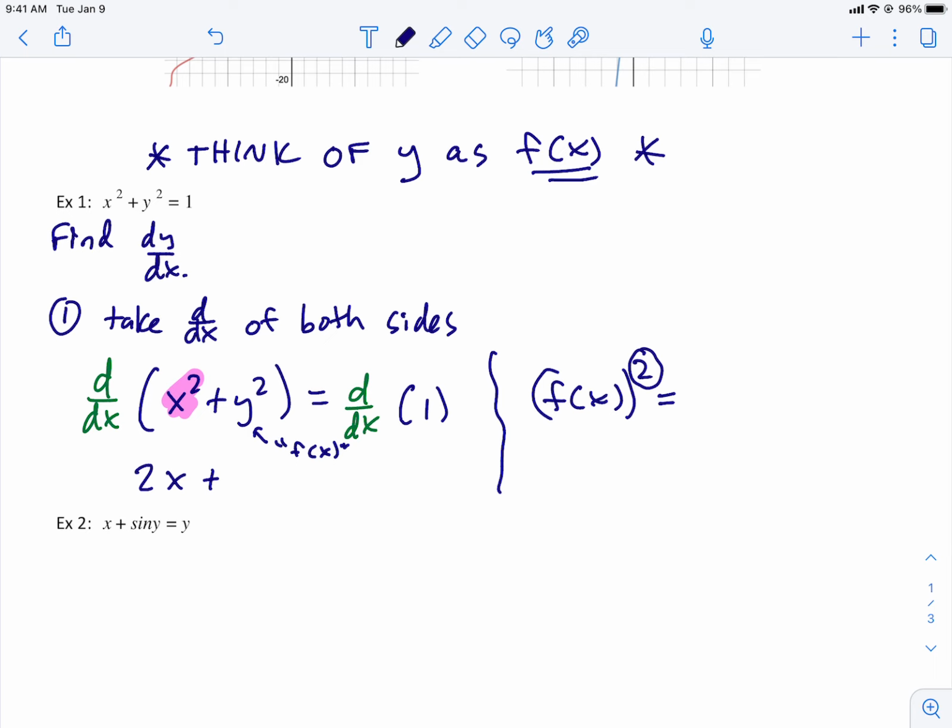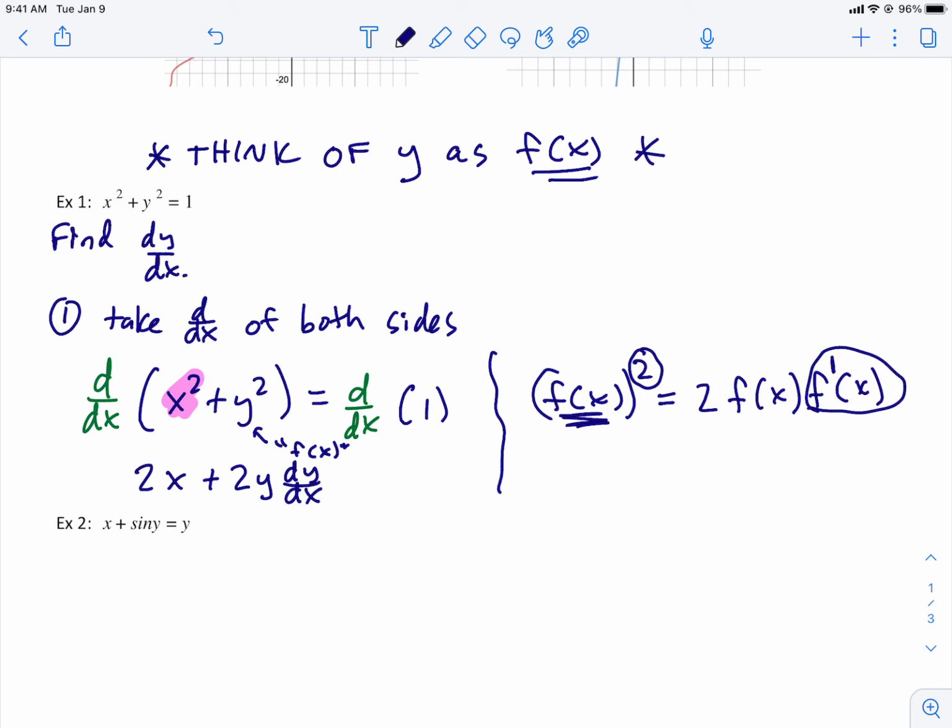And then don't forget, we multiply by the derivative of the inside. Always be chaining. We talked about that last week, right? And so technically this here is going to be 2y. And now this f prime of x, another way of writing that is just dy dx.